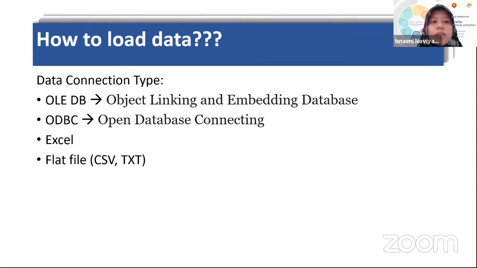For today's introduction, we just discuss and practice four data connection types in SSIS: OLEDB, ODBC, Excel, and flat file. Each can be a source or a destination.